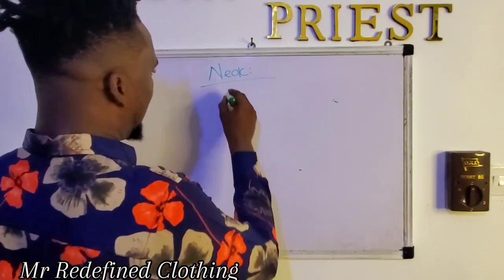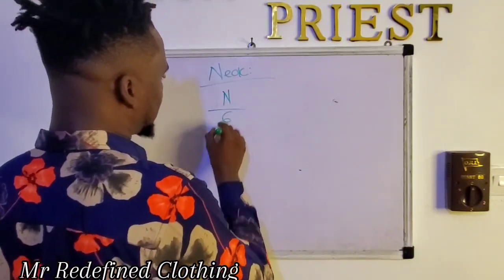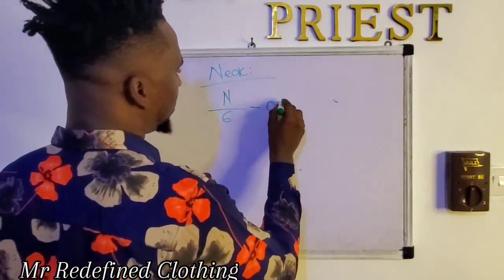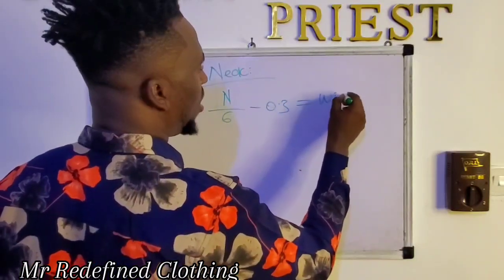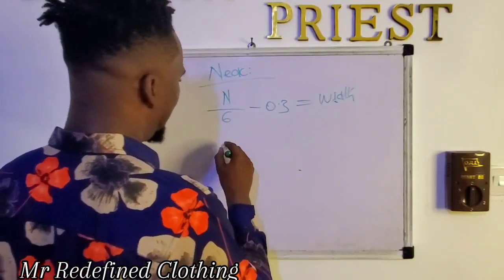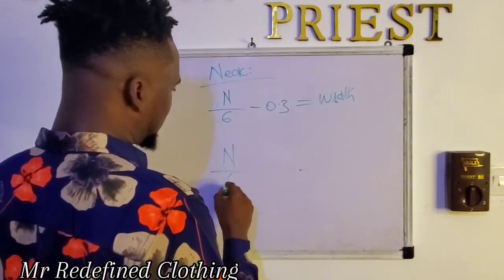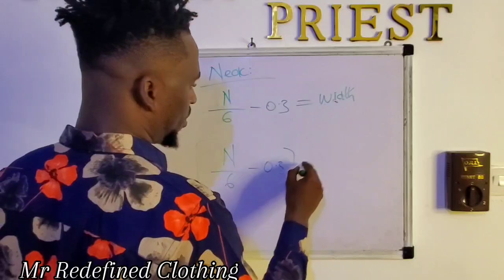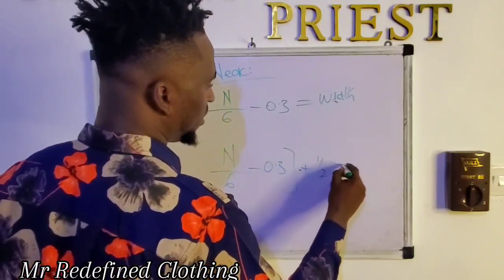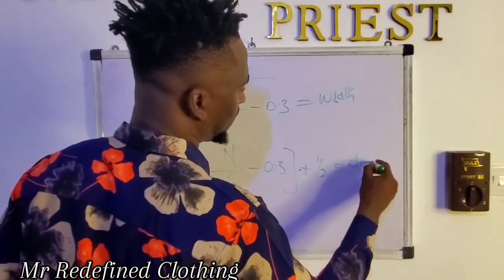The formula is n over 6 minus 0.3. This will serve you for the width of your neckline. Then for the depth, n over 6 minus 0.3 plus half equals the depth.